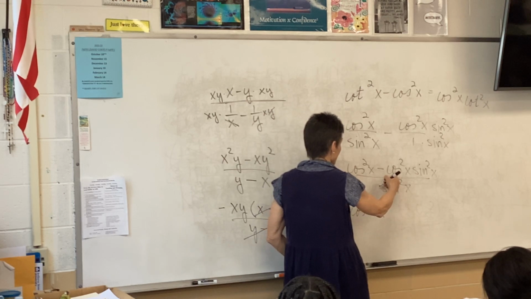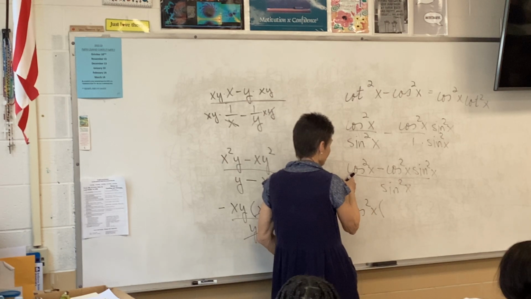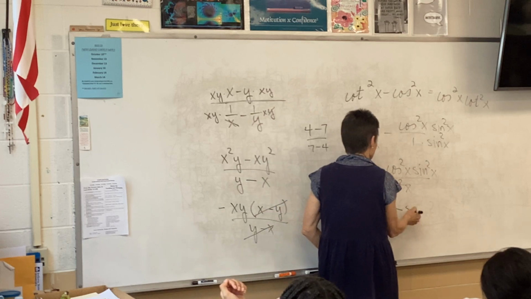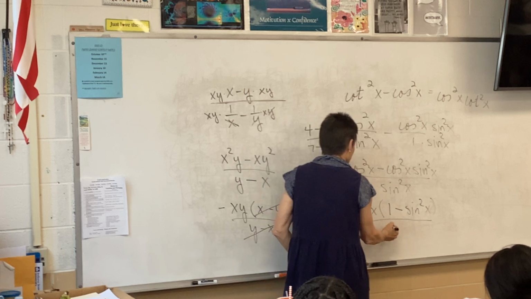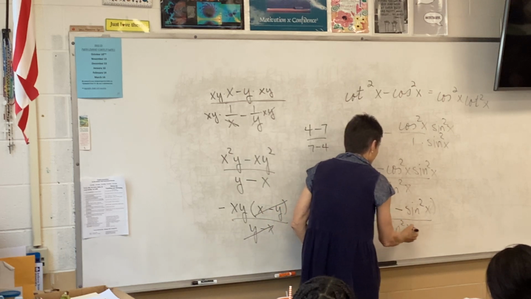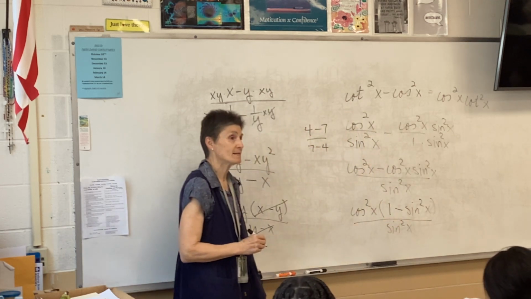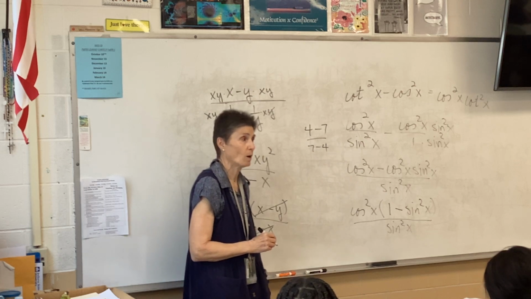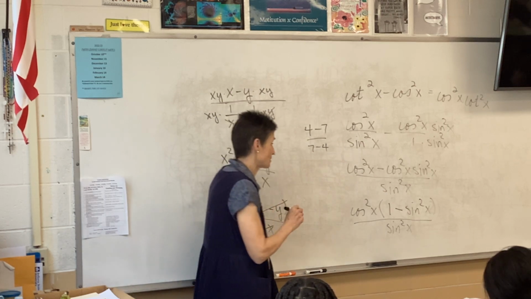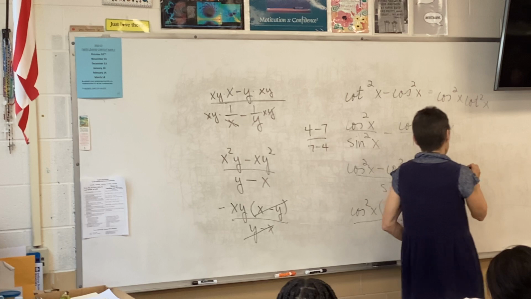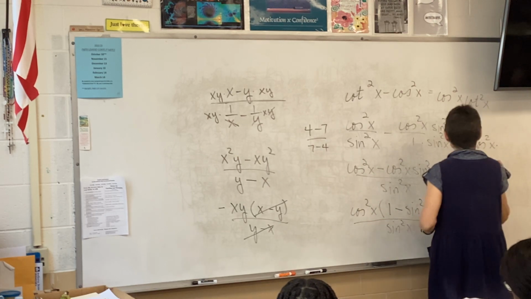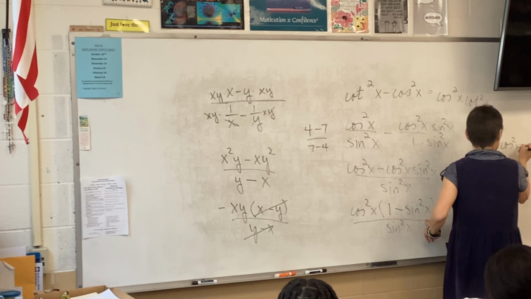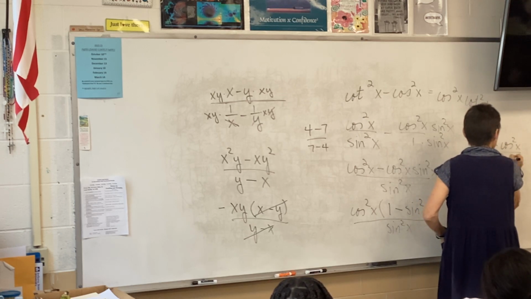If I take out a cosine squared, I'm going to be left with 1 minus, oh wait. That makes my heart leap because 1 minus sine squared is what? Cosine squared. So now I have the original cosine squared times another cosine squared, still all over sine squared.